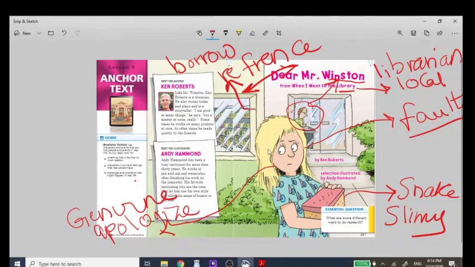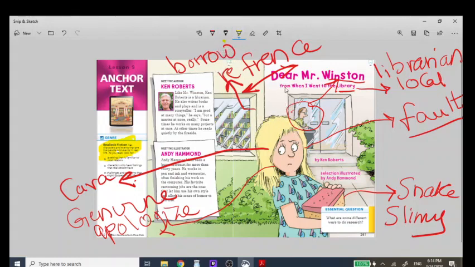Now then, this little girl, what's her name? Yeah, that's right. Her name is Kara. You will get to know that. And as we said before, this is a realistic fiction text, like Because of Winn-Dixie, and it happened in a local library.